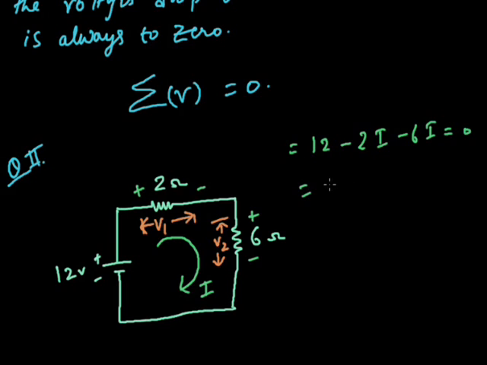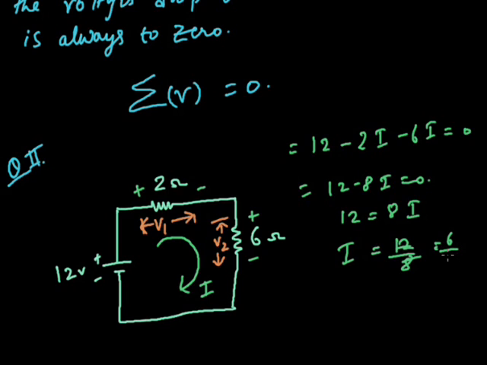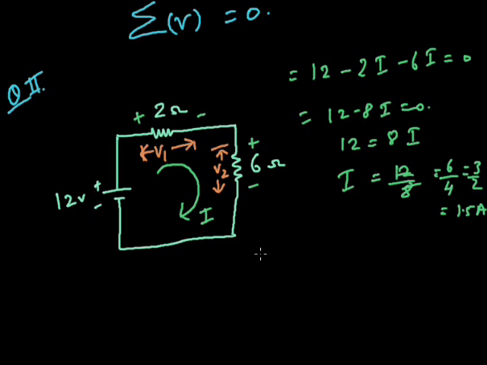So this is 12 minus 8I is equal to 0. Then 12 can be written as 8I. So I is equal to 12 by 8, which is 6 upon 4, which is 3 upon 2, and it can be written as 1.5 ampere. This is the current I which flows through the given elements in the circuit.